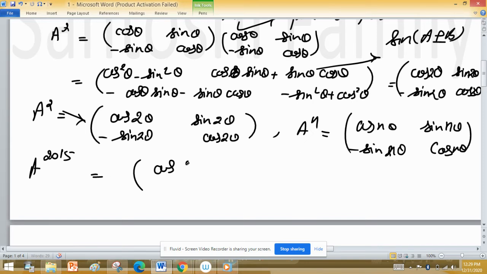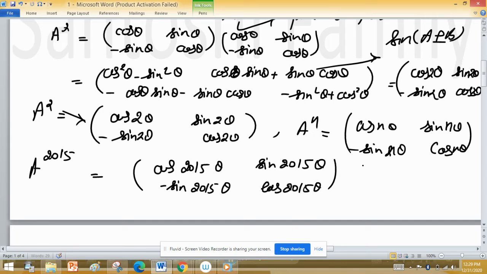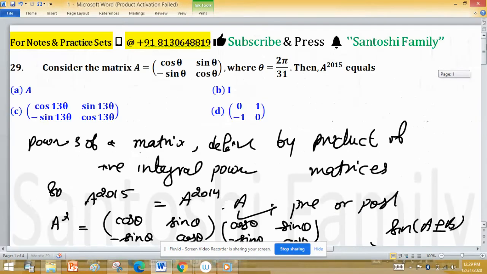You can verify this by some values or by mathematical induction. So A raised to the power 2015 will be cos 2015 theta, sin 2015 theta, minus sin 2015 theta, cos 2015 theta, and theta is given as 2 pi upon 31.